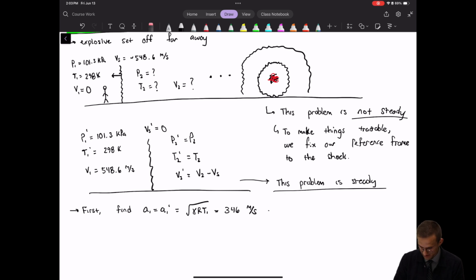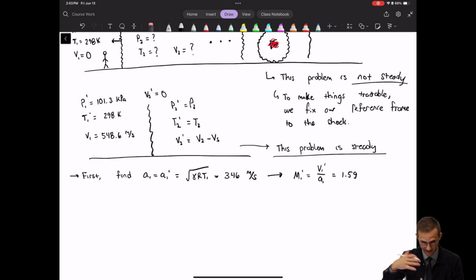And then we can use V1 prime to see that M1 prime, which would be equal to V1 prime over A1, is equal to 1.59. Okay, and now we have the upstream Mach number, and once you have the upstream Mach number, you can basically get everything downstream, right? As long as you are looking at a normal shock at steady state.